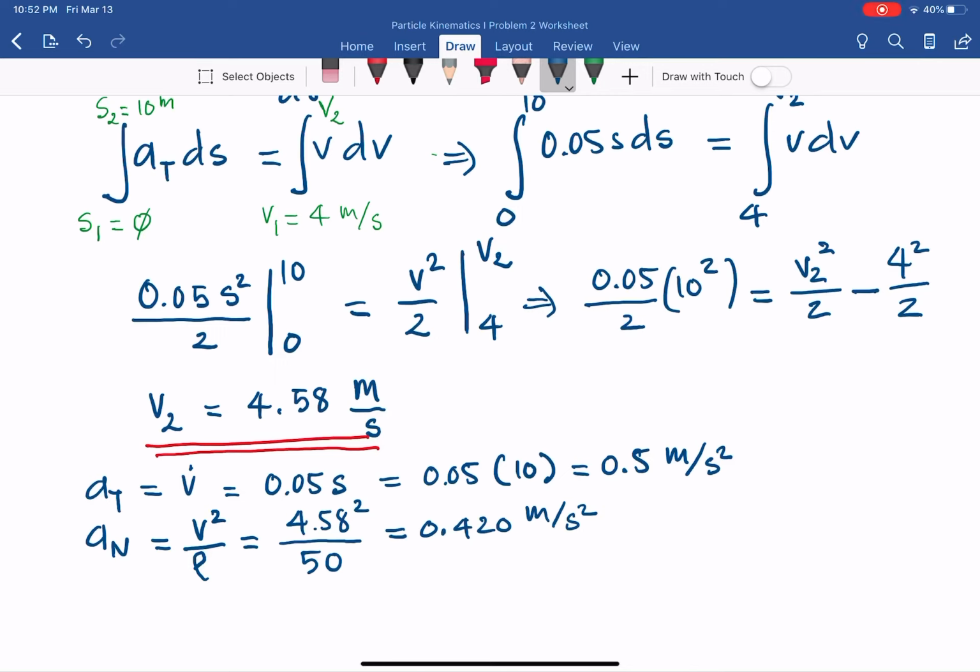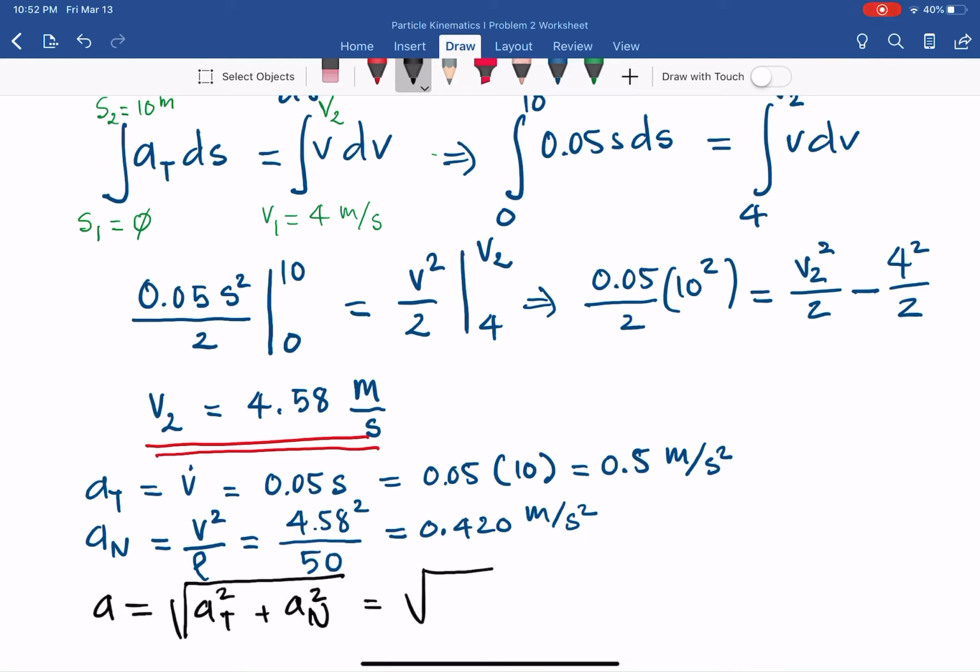So the tangential and normal components of the acceleration are at a right angle. The magnitude of the total acceleration is, if you recall, the square root of a_t squared plus a_n squared.